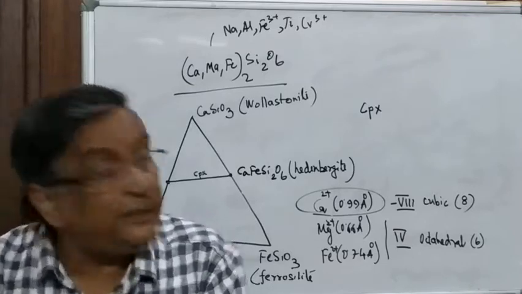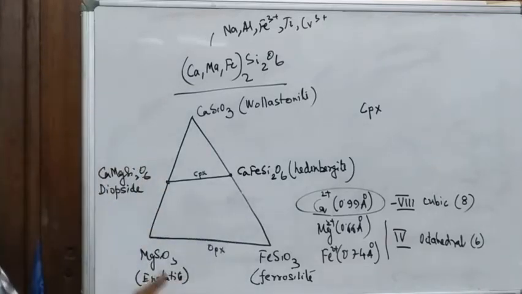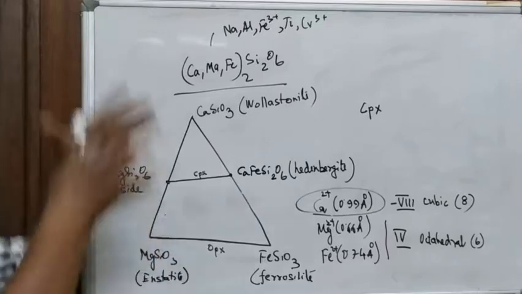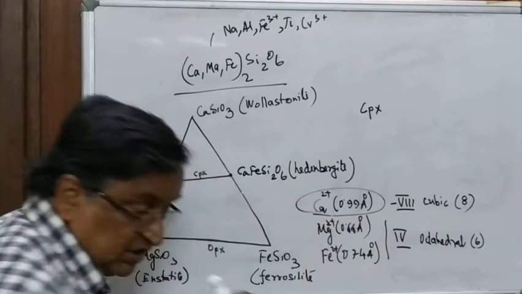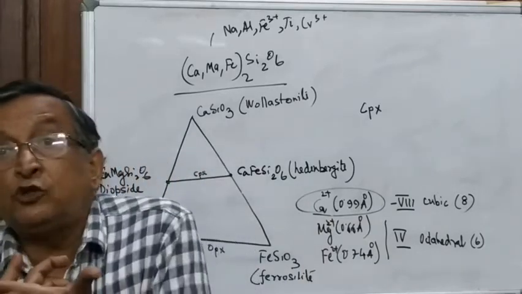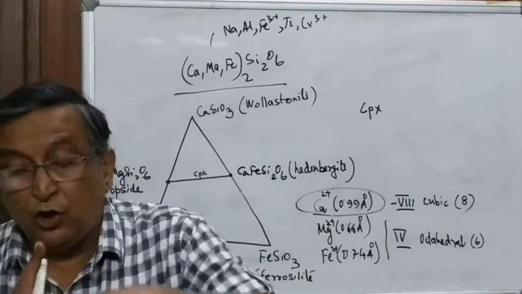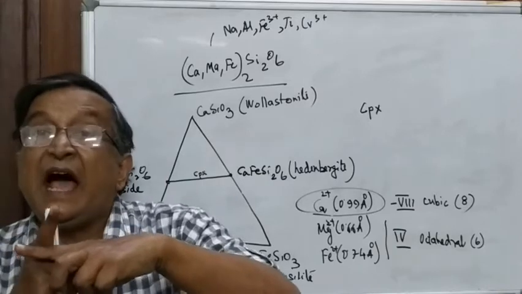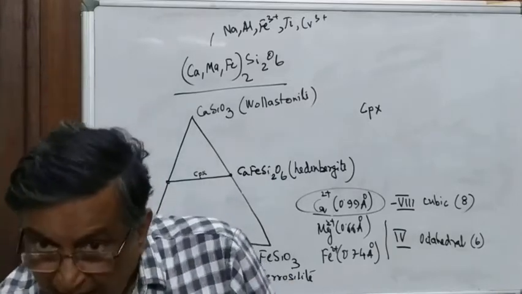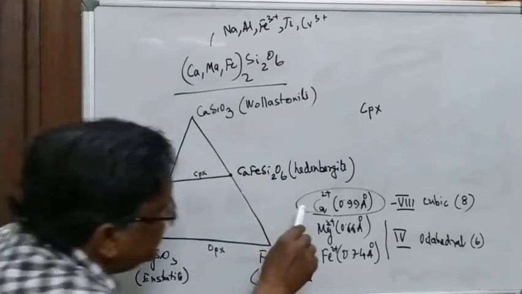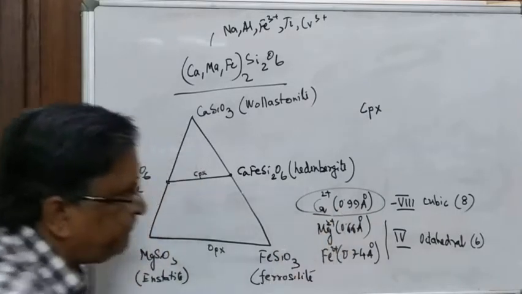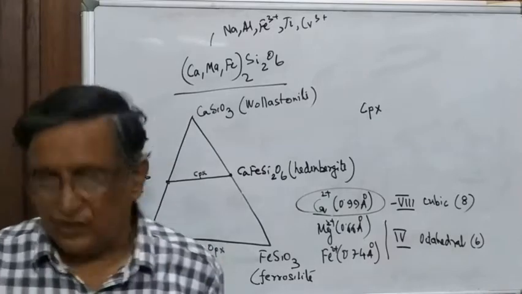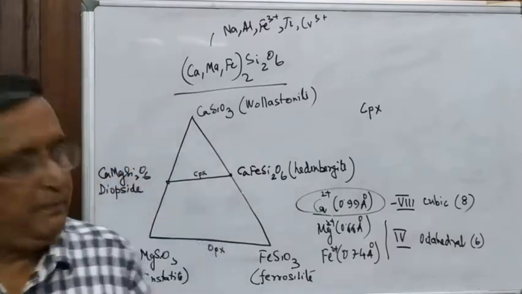Why is this done? This is not a mineralogy class, so I don't draw the whole section and show it to you. This non-90 degree, non-orthogonal relationship arises to accommodate the larger calcium in the pyroxene structure.